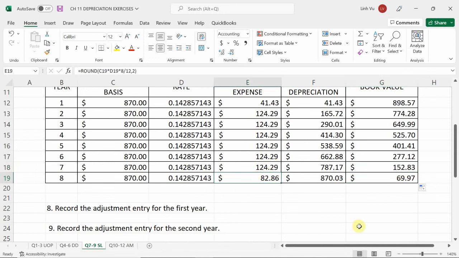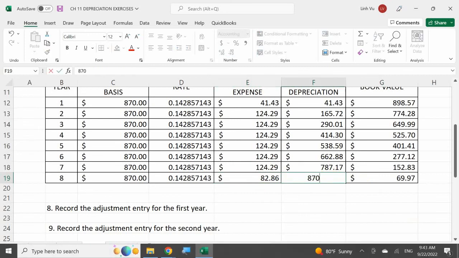So you're going to have to adjust this part right here, because this needs to be exactly $870 even, to make it a $70 salvage value. Hold on, let me see what it was before. Oh, I'm off by 3 cents.